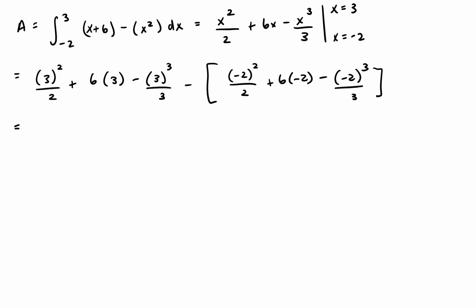And now we want to do some simplification. So we get 9 halves plus 18 minus 27 over 3, minus 4 over 2 minus 12 plus 8/3.